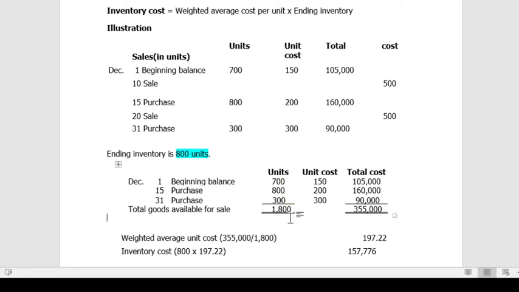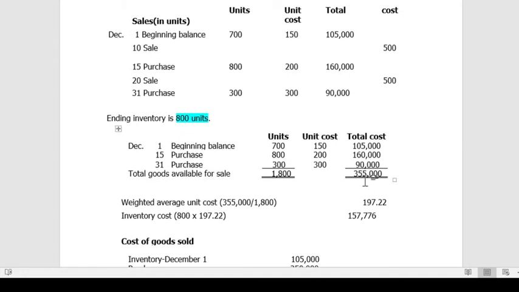So, kuhanin mo yung number of units niya, 700, 800, and 300. That is 1,800. So, how do we compute for the weighted average unit cost? I-divide mo lang. 355,000 divided by 1,800, ibig sabihin, 197.22 is the weighted average unit cost of the goods available for sale.